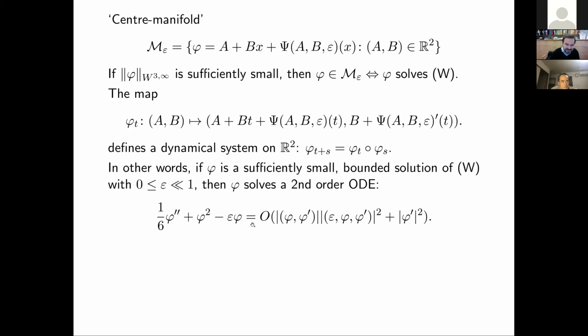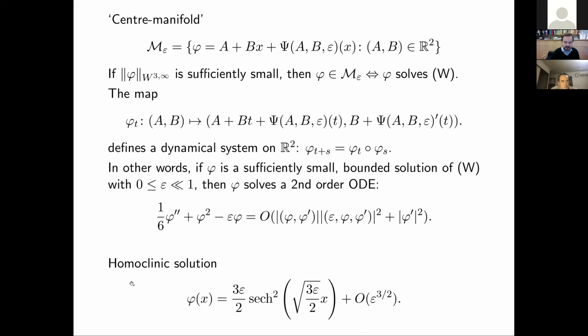Okay, so this equation that you see here is now very familiar. If we ignore the right-hand side, this is essentially the stationary KdV equation. That means that, by a perturbation argument, we can go from solutions of the KdV equation to solutions of the Whitham equation.